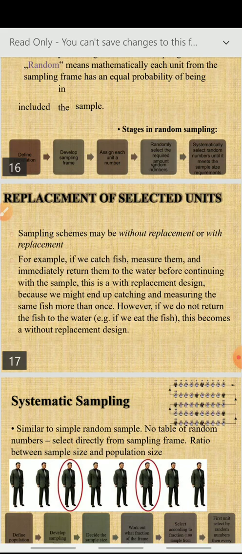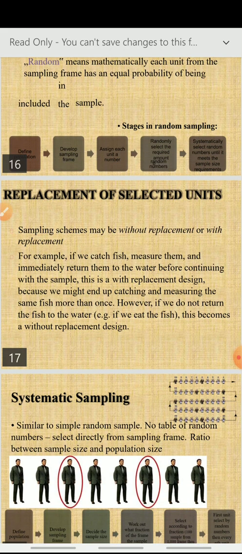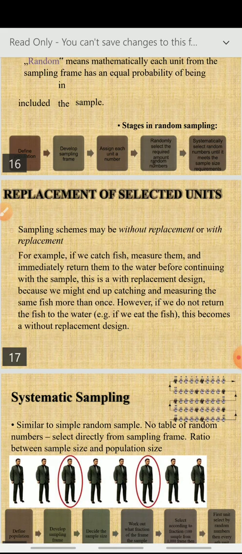For example, you have a list of 1 to 100 students. That is our sampling frame. The population is students, and the sampling frame is the list of 100 students. We assign numbers 1 to 100 to the students, and then we select, say, the 20th, then the 30th, then 32, 33, 36, 39.